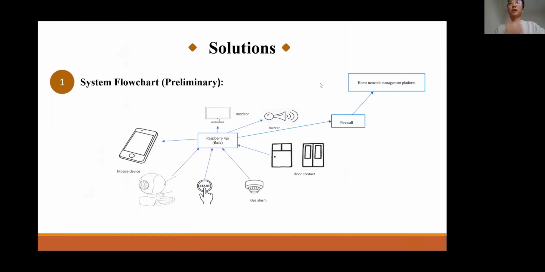Now we come to the most important part, the solutions. Here I show the preliminary system flow chart of our system. Now I will explain a little bit about it. The docking of wireless indoor products is through smart gateway products. This includes access to products that have been and will be implemented by the above technologies.